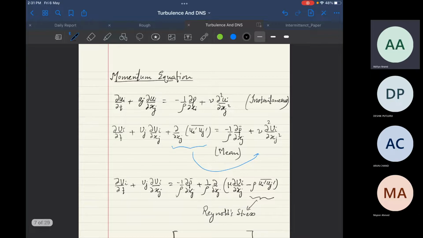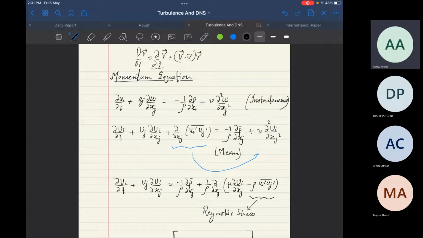Okay, now, so this is the momentum equation. If you remember the Navier-Stokes equation, I had shown that your dv by dt operator includes a time derivative and the convective derivative v dot del of v. So this term is the time derivative here.